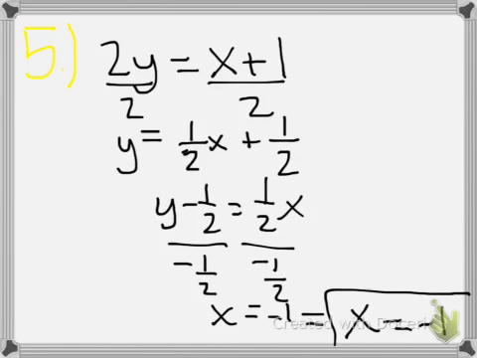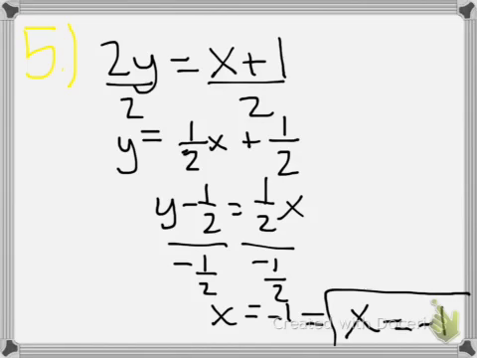In problem 5 here, we're finding the x-intercept. The problem is 2y equals x plus 1. What we're going to do is divide both sides by 2. When you divide 2y by 2, you get y. And when you divide x plus 1 by 2, you get 1/2 x plus 1/2.